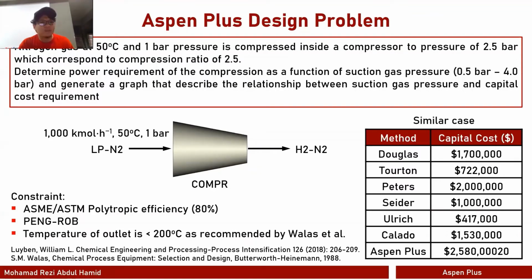It is 2.5 millions, and we will try to confirm these numbers. Other constraints: we will use the ASME method, polytropic efficiency of 80%, the Peng-Robinson equation of state, and the temperature of the outlet should be less than 200 degrees Celsius, as recommended by Wallace et al., which is basically a textbook. So yeah, let's begin.